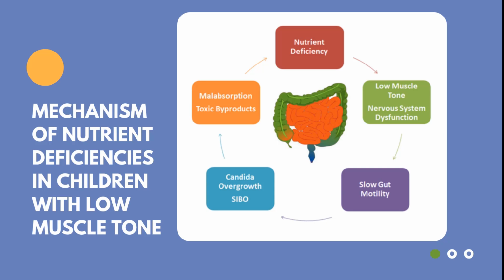If they have low muscle tone in their skeletal nervous system, I'm still suspicious of some GI stagnation. This will result in SIBO, small intestinal bacterial overgrowth, and candida overgrowth, especially in the presence of lots of antibiotics for that child. And when we get too much yeast and bacteria trapped in the small intestine, it will absolutely result in malabsorption.